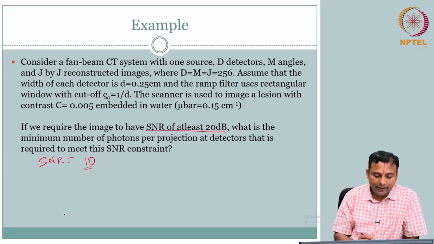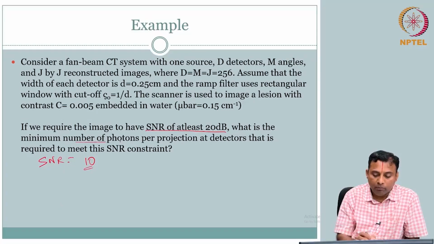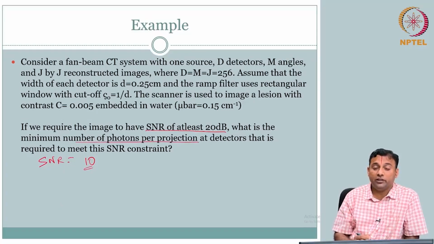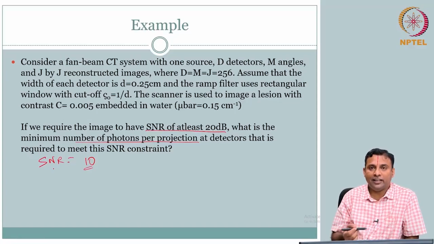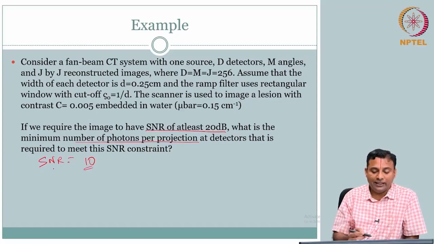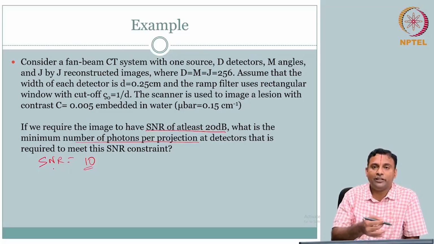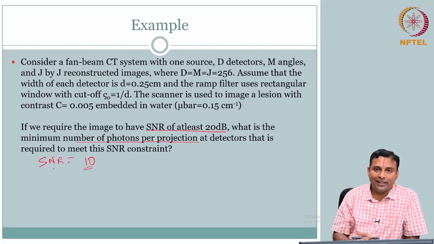Okay, so I know my SNR. What else do I know? I need to get the number of photons per projection. So I know my SNR, that is the signal to noise ratio. I have some formulation for noise, sigma square, that you can quickly look through in the previous slide.